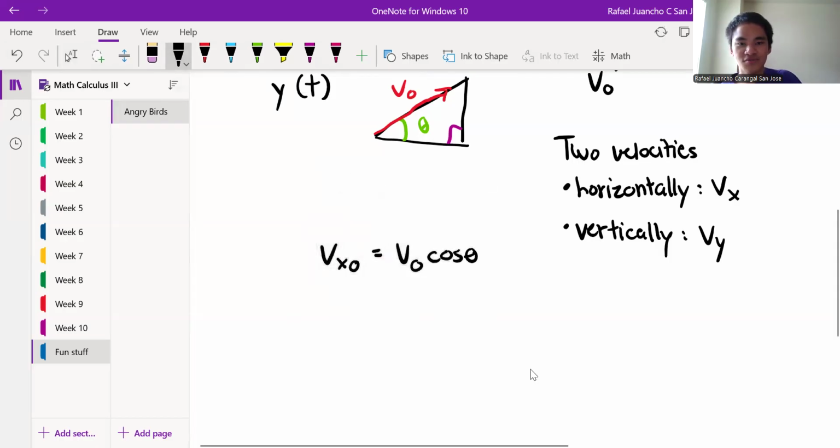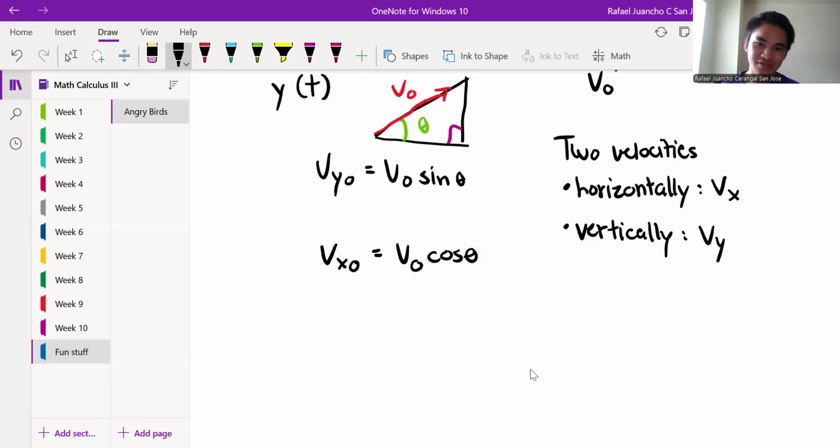And similarly, for our vertical velocity, the one that's going up, we use sine. So we have sine, cosine, tangent, the basic trig functions. Now we're trying to get Vy initial. This is just V naught sine theta. How do we get that? Well, again, we did trigonometry. So this is Vy naught, because it's going up.